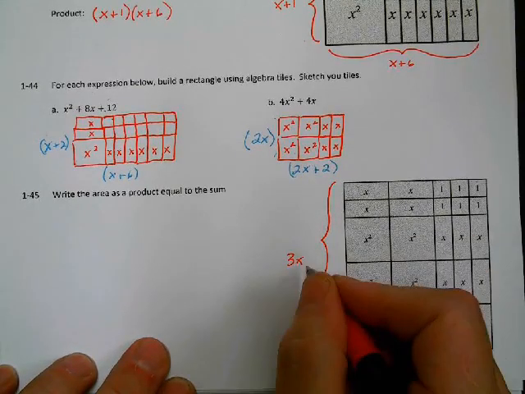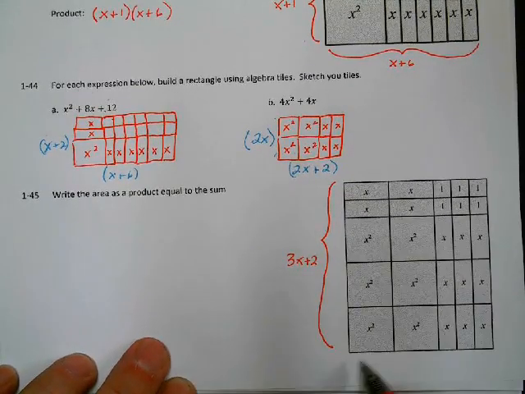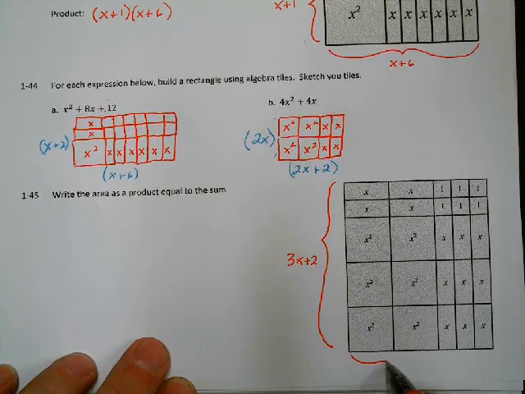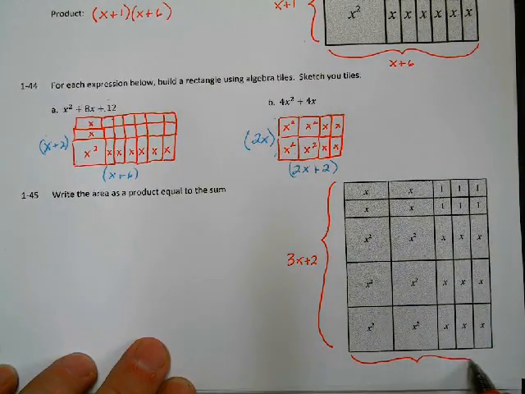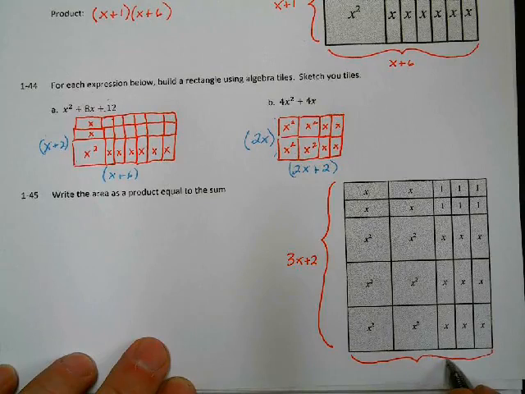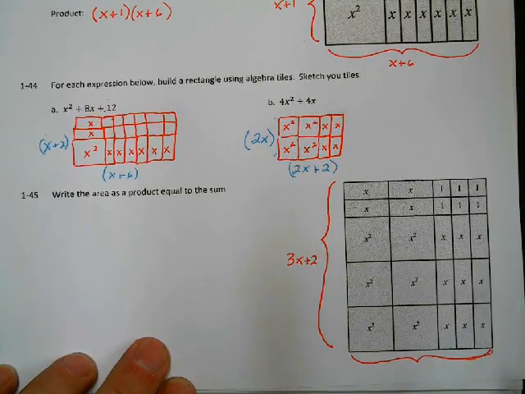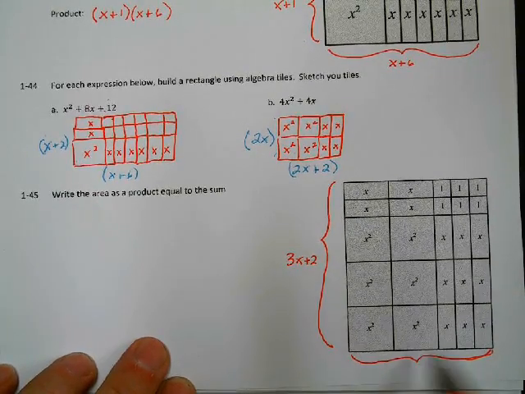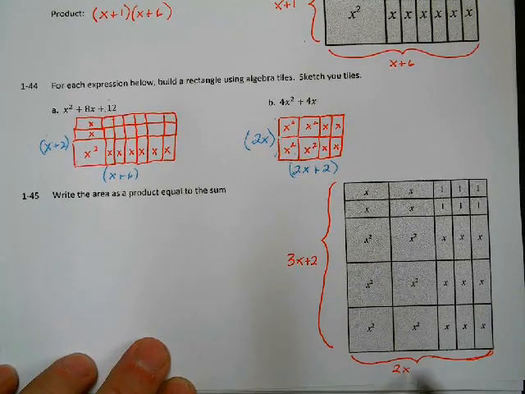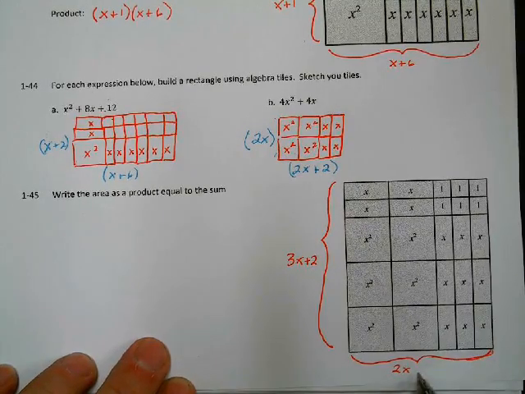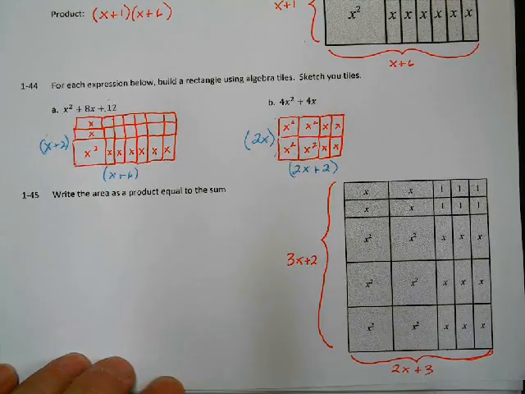On this side down here, oh, I'm getting messy at the end of the day. All right, I got x, x. I've got 2 x's, and I've got 1, 2, 3 units. So as a product, oh, you can't even see that.